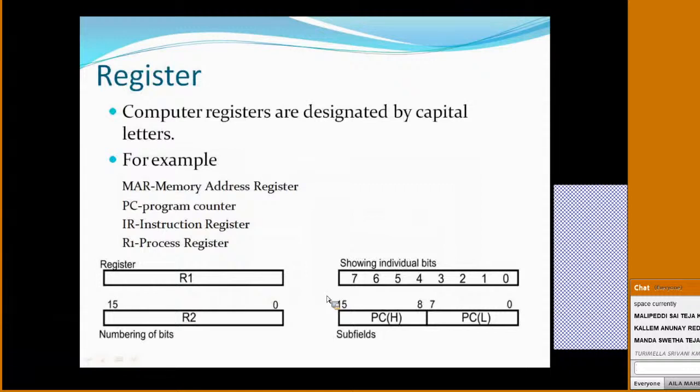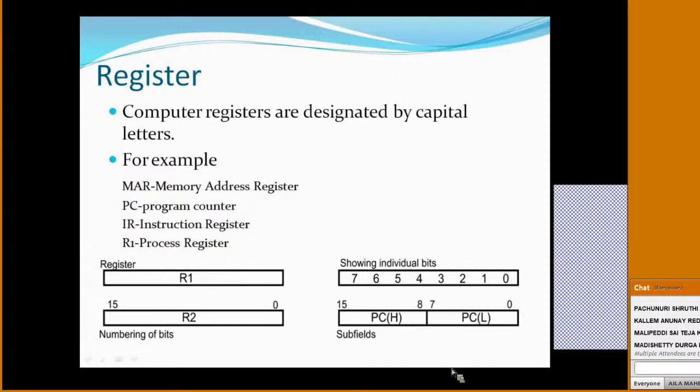Diagrammatically, when you want to represent a register, you will use a rectangular box. You can use numbers, but the letters should be capital letters.